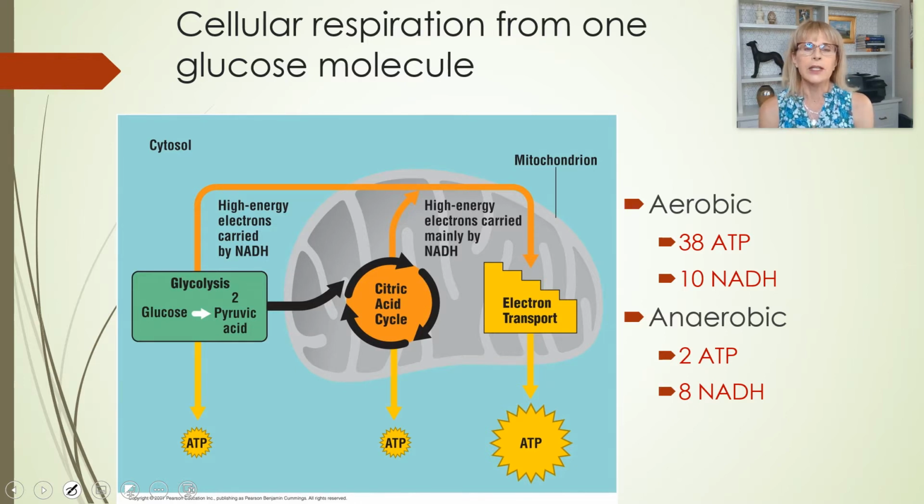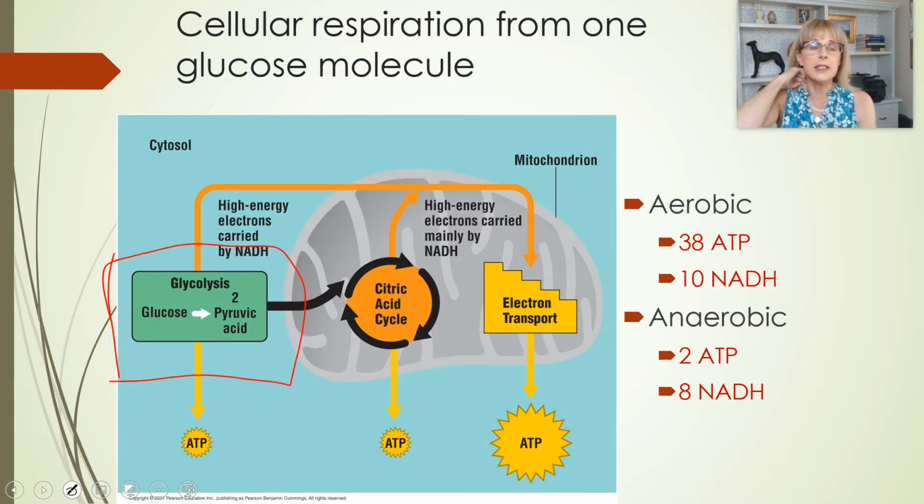So first, we need to think about the total of cellular respiration. There are three main components to cellular respiration. The first one is called glycolysis, and it takes place outside of the mitochondria, but inside of the cell. It takes place in the cytosol, right?